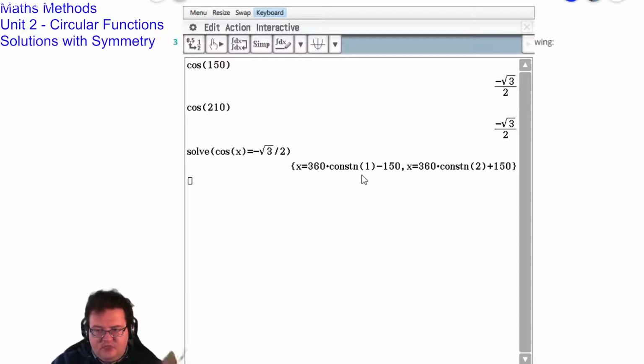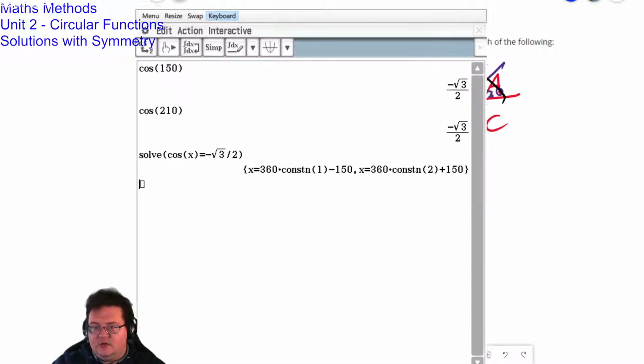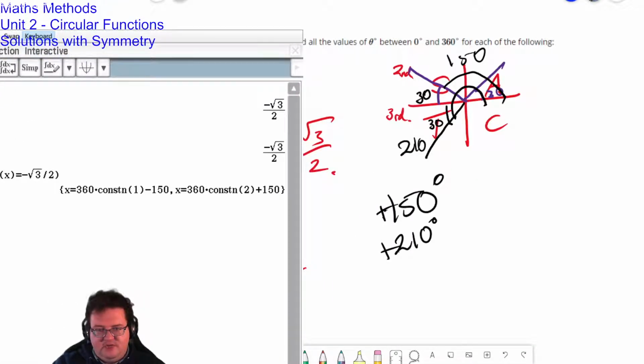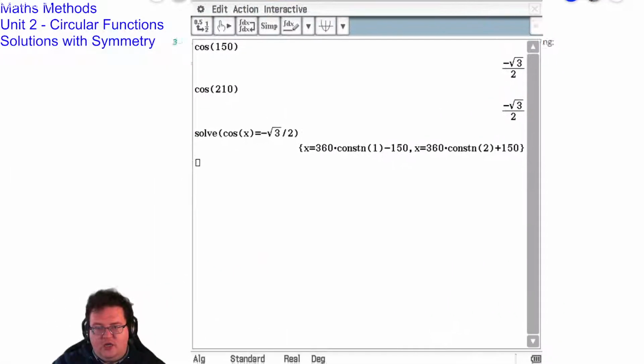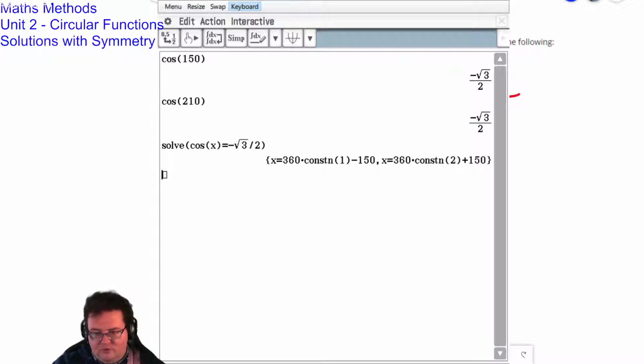It just spits out a whole bunch of infinite solutions. That's why the question itself says between 0 and 360. So you can put that into your question to restrict it for you. That's the easiest way to do it with the CAS.